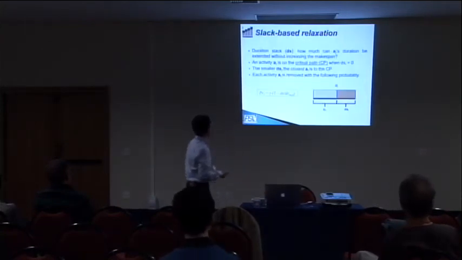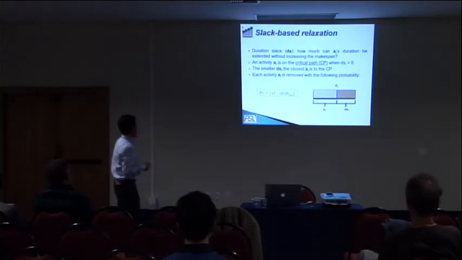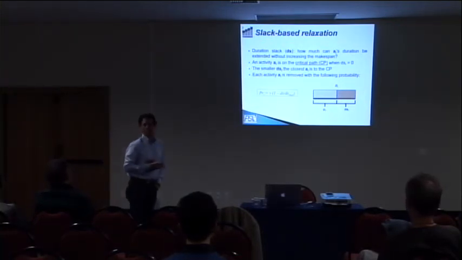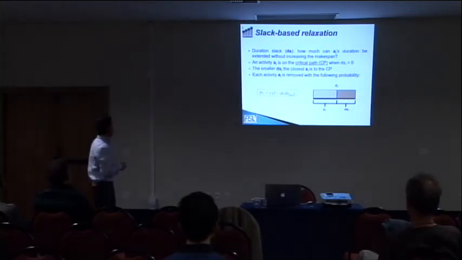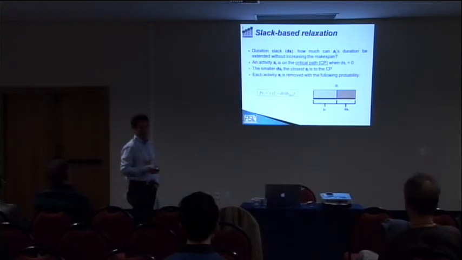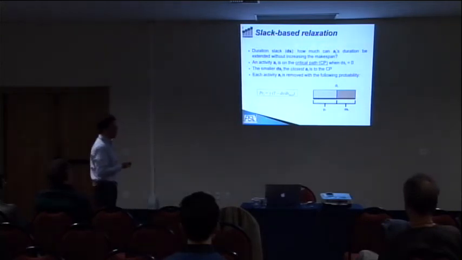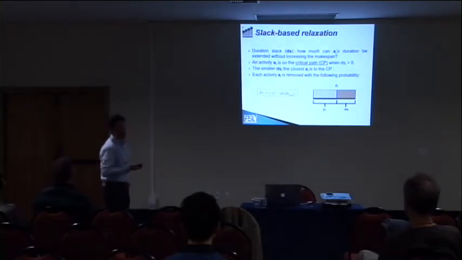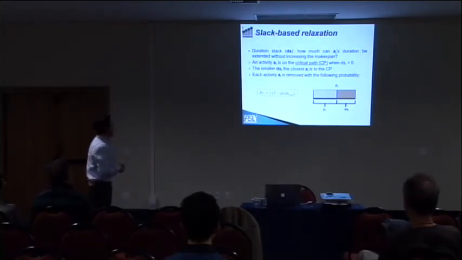The second one is called the lag-based relaxation. This is based on a simple observation. The goal of this procedure is to minimize the makespan. As it is well known, the makespan is the length of the critical path of the solution. So if you want to minimize the makespan, you have to change the length of the critical path.